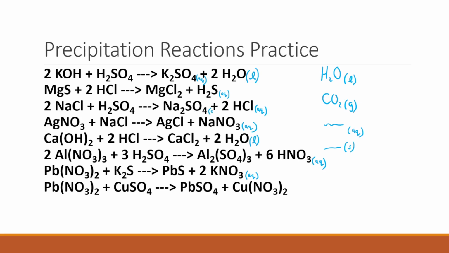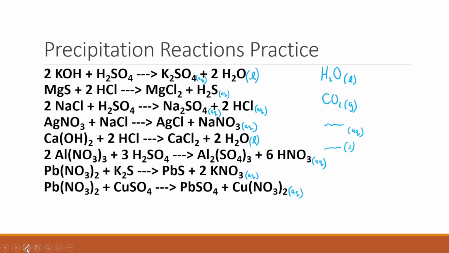We don't always need both substances to be solid. We don't always need a precipitate. We can have this reaction where it's a double replacement and both things end up aqueous. That's fine. It's not a problem.